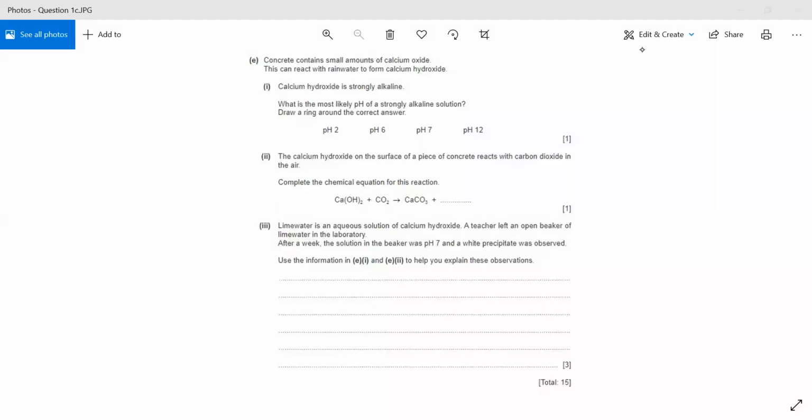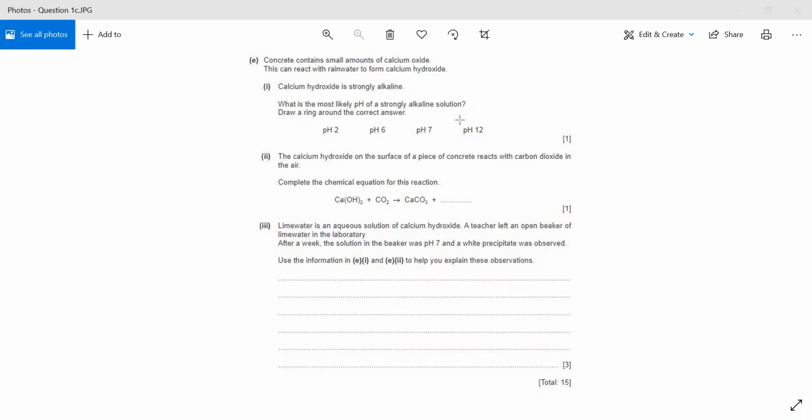Now here we have the last part of the question. In part E, concrete contains small amounts of calcium oxide and calcium hydroxide, which is strongly alkaline. What do you think the pH is going to be?